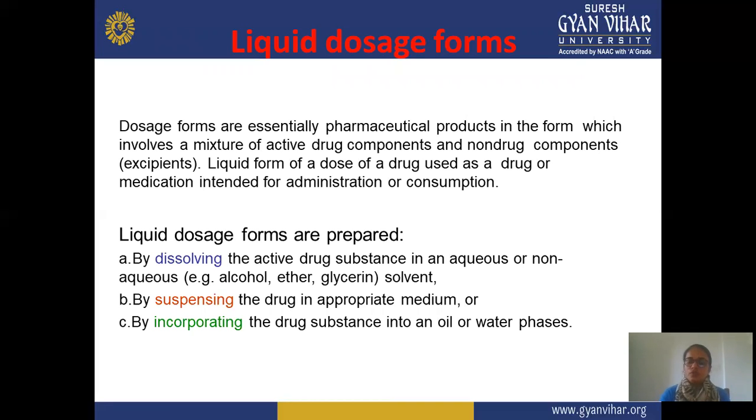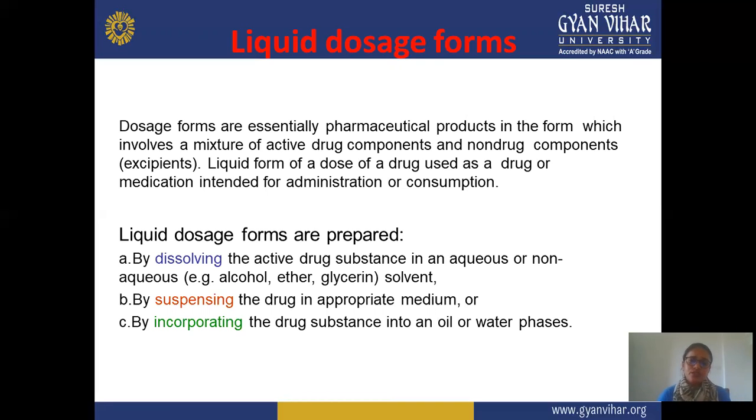For liquid dosage form, you should know what a liquid dosage form is, its introduction, and its types. Liquid dosage forms are essentially pharmaceutical products in a form which involves a mixture of active drug component and non-drug component, that is excipient, in liquid form, used as a drug or medicament intended for administration and consumption.